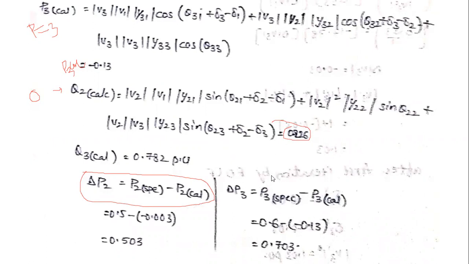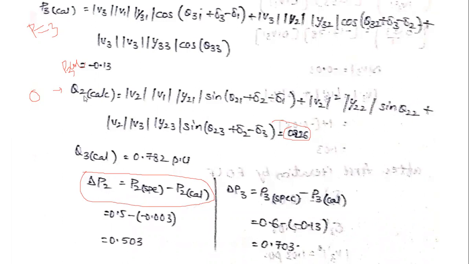Then we calculate the change of active power at bus 3, that is delta P3. This is the change of active power at bus 3.